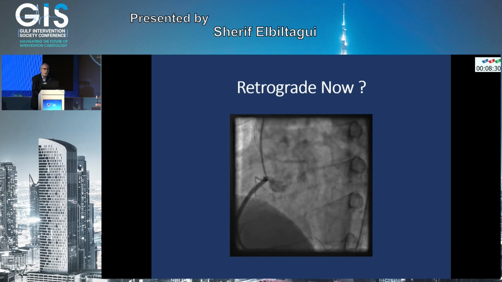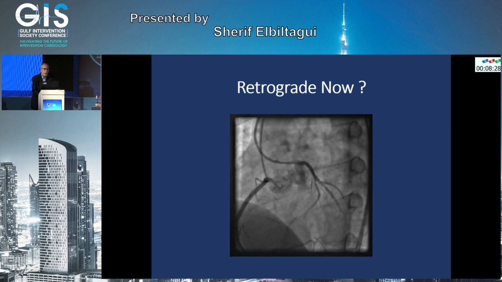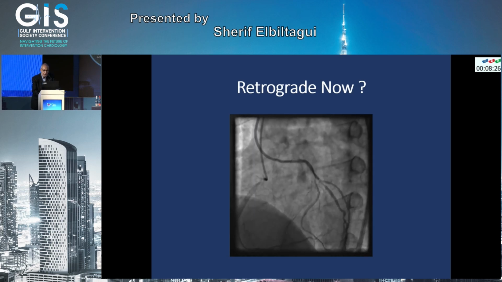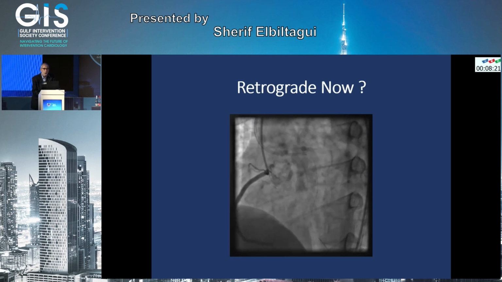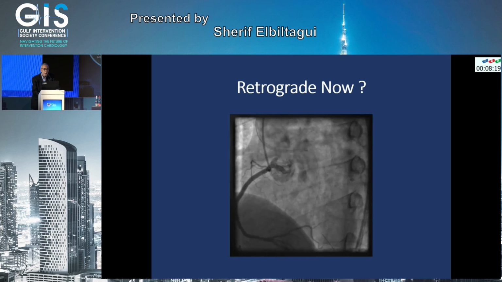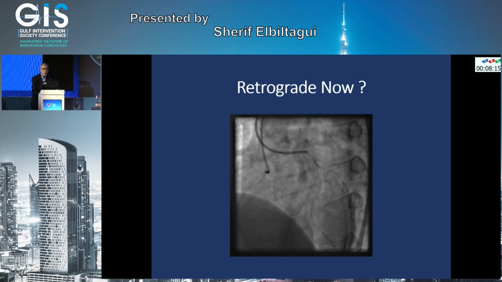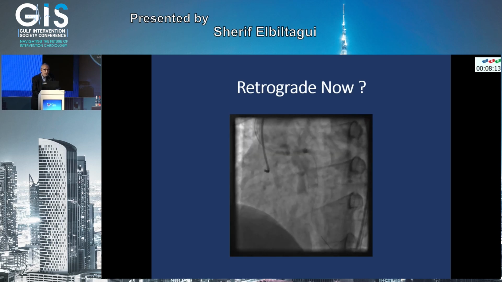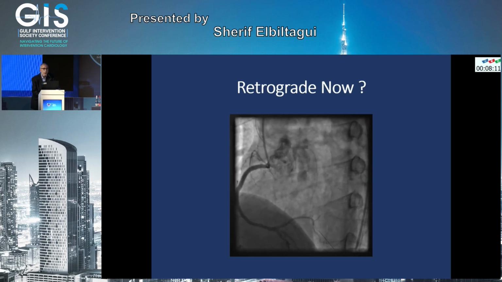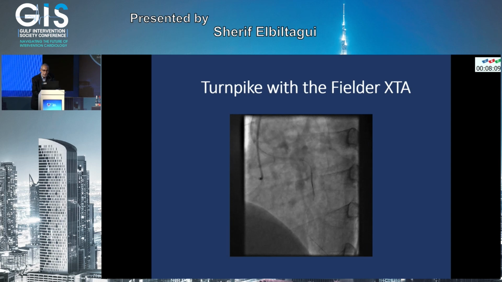And you can appreciate another total occlusion with an ambiguous stump in the mid LAD. So now you can again think of retrograde with such good septals, but anyway, I have the Fielder on board. I thought maybe give it a short try.